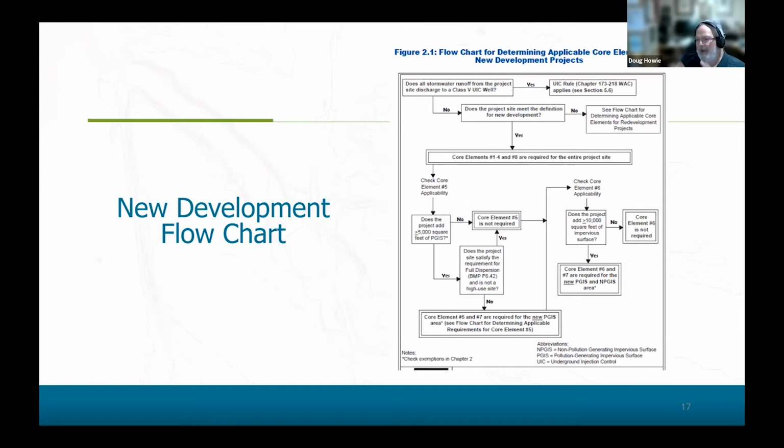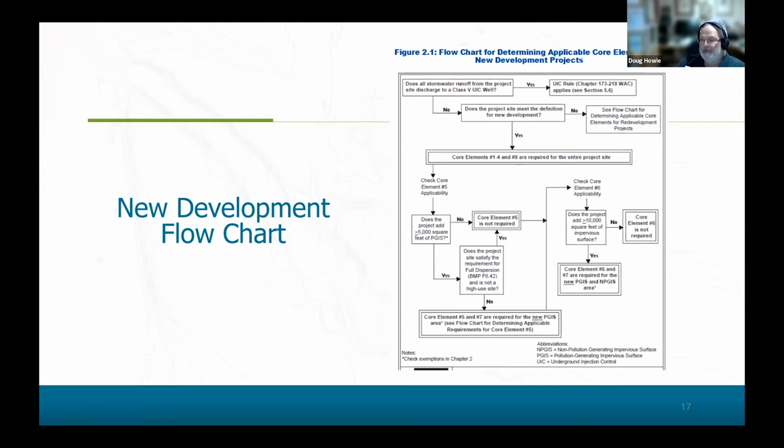So now we have to find out what we're going to do with 5, 6, and 7. So this is where the secondary thresholds come in. So now core element 5, we're over here at the left-hand side, going down. Is there more than 5,000 square feet of pollution generating impervious surface? And if not, you don't have to do core element 5. If yes, you now would find out, is this a high use site or are they meeting full dispersion?